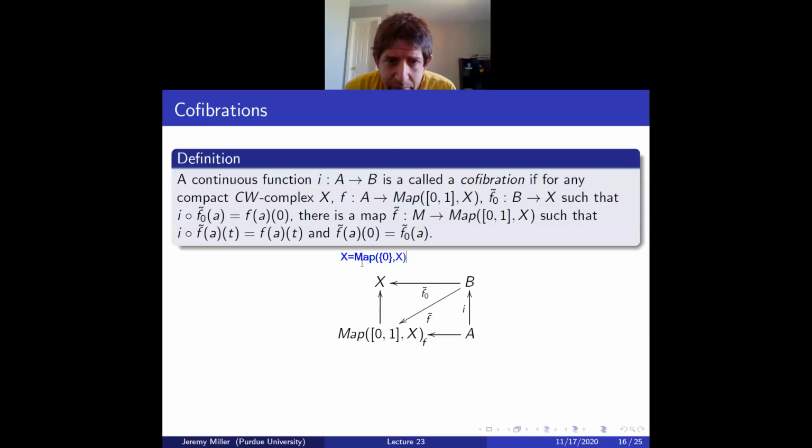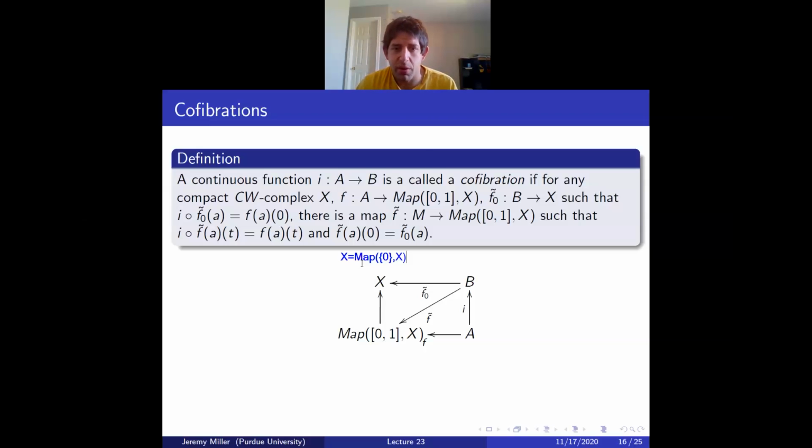If you have a map from B into this mapping space, so for every point in B you know where 0 goes, and for every point in A you know the entire path, then this F tilde exists, so you can extend all the initial conditions to paths.